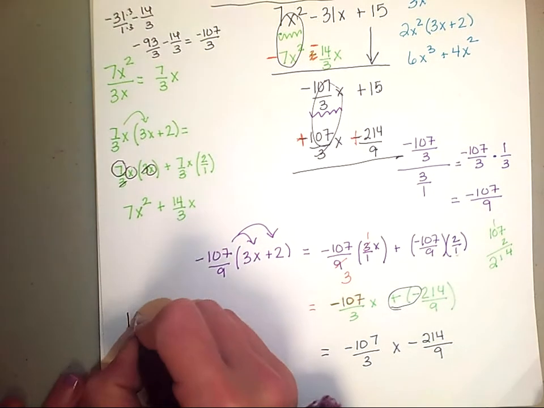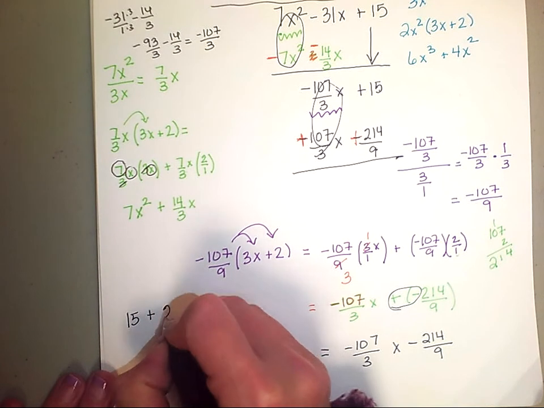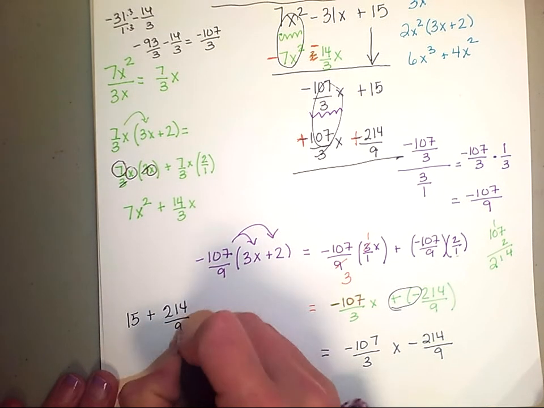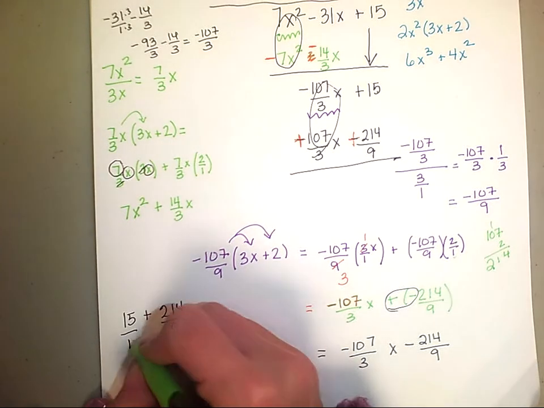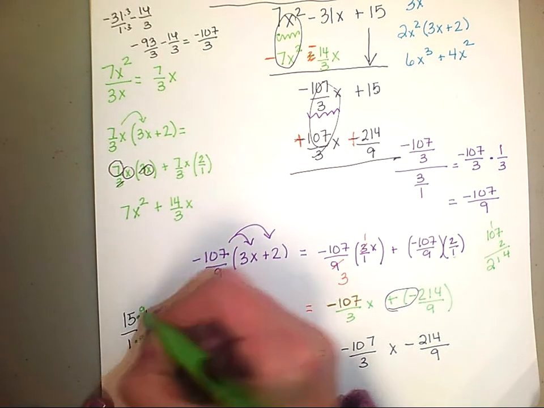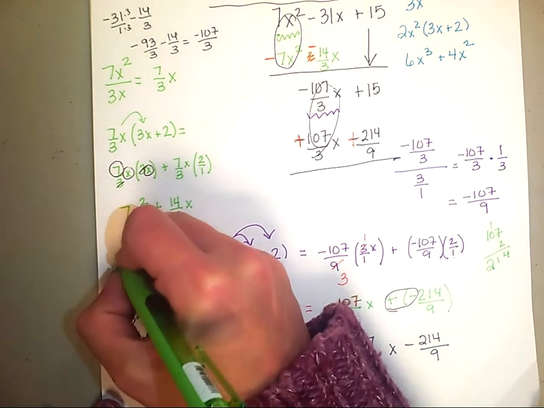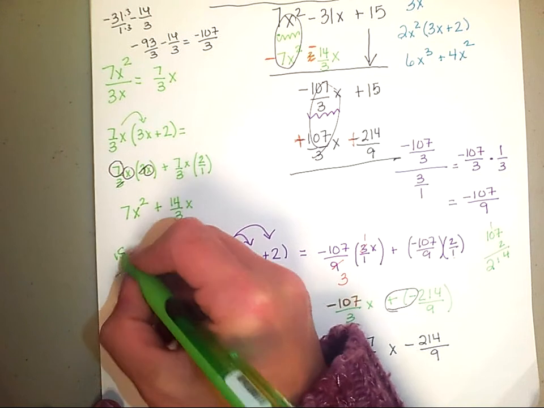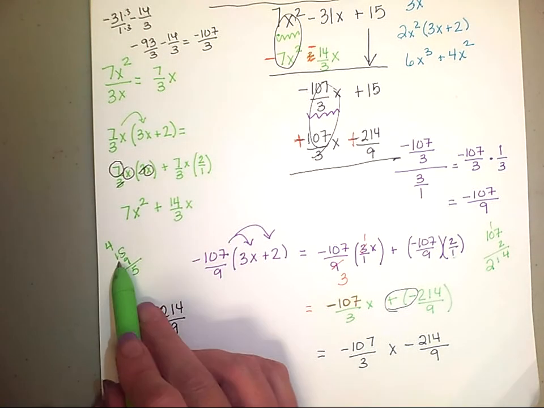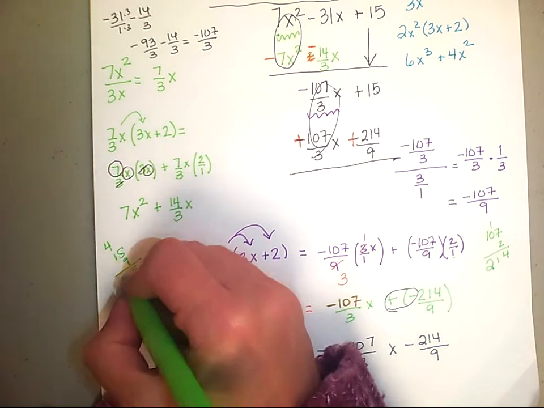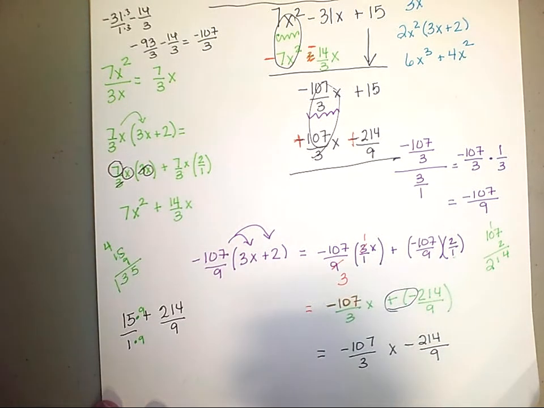And we just simply have to add these two. So let's scratch that over here. 15 plus 214 over 9. That's times 1. Getting a common denominator, I need to multiply by 9. 15 times 9. 9 and 5 is 45. Carry the 4. 9 times 1 is 9, plus 4 is 13.